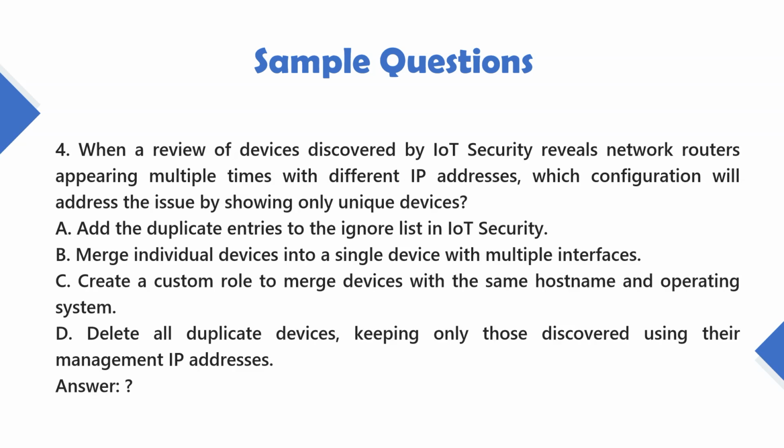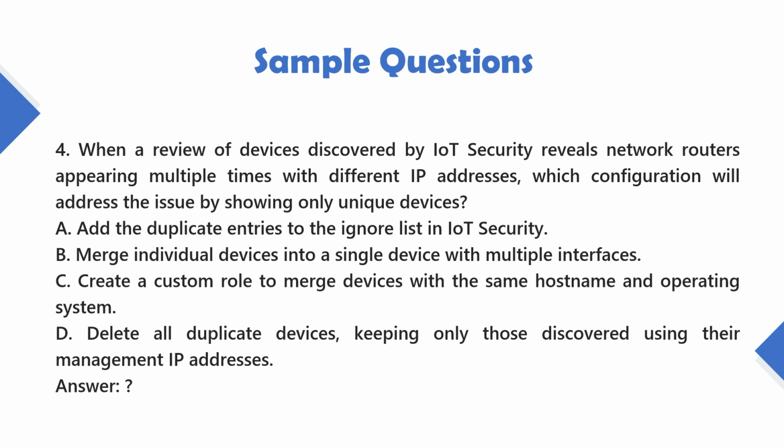4. When a review of devices discovered by IoT security reveals network routers appearing multiple times with different IP addresses, which configuration will address the issue by showing only unique devices? A. Add the duplicate entries to the ignore list in IoT security.